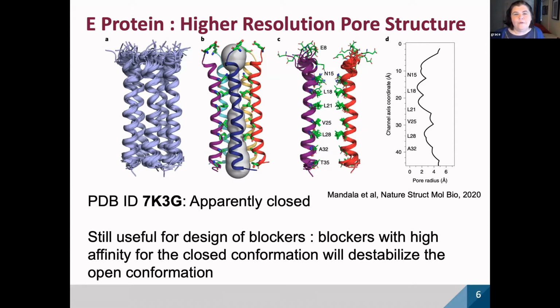It's a little bit weird to talk about allosteric modulation with a pore blocker, because you certainly couldn't have a positively modulating pore blocker. But if the blocker has a higher affinity for the closed state, then you will still have a reduction in the open population of the protein, which is ultimately what we want. So the existence of this closed conformation, even if it is found only under certain artificial conditions, is still very, very useful information. Okay.